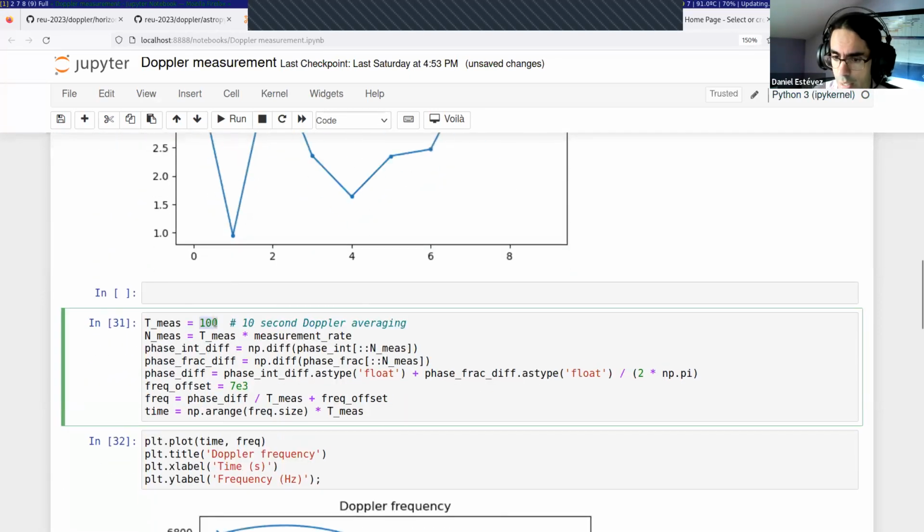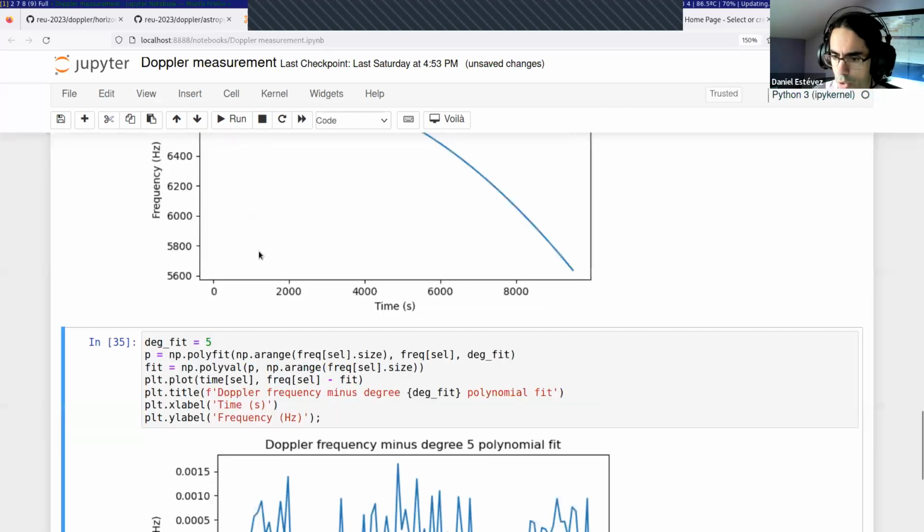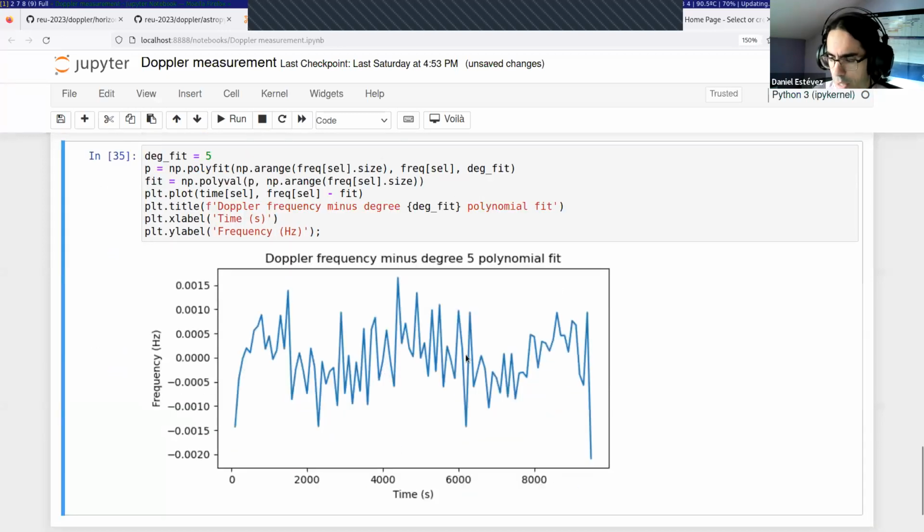So we only have one measurement every 100 seconds, but the error is maybe 1 millihertz. And now we can see that there is some higher order term. So maybe doing a degree 5 polynomial fit would be better. And yeah, the noise seems to be below 1 millihertz, maybe half a millihertz.